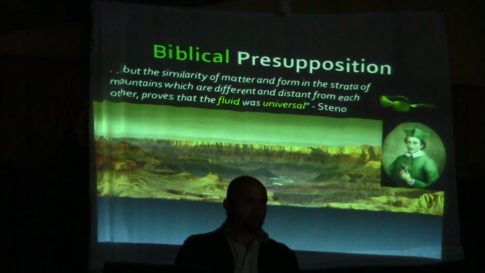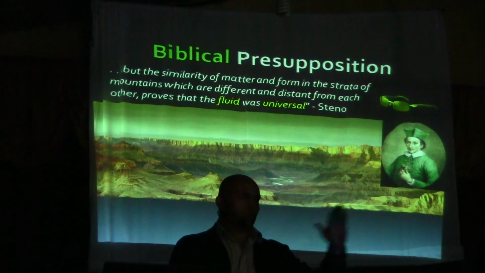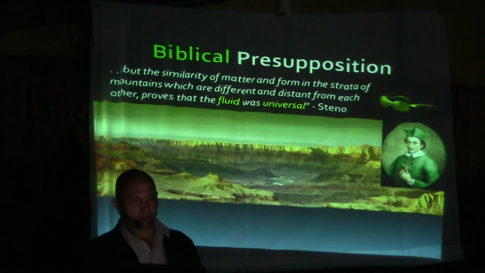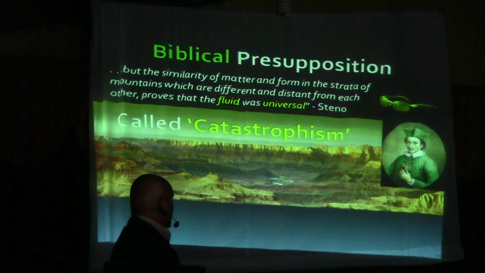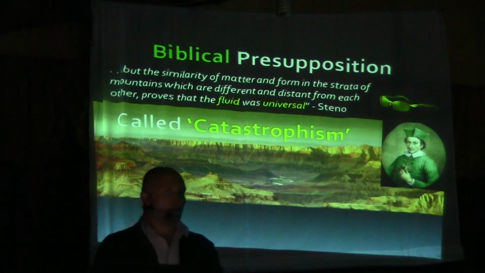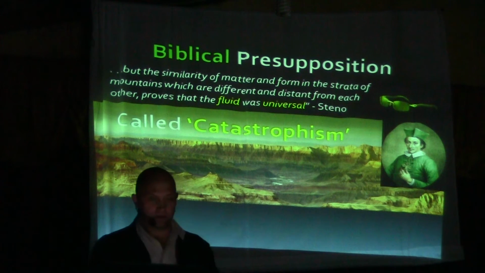Flood. Noah's flood, based on the Bible. So these guys back in the day believed the Bible to be true, and that was the worldview through which they interpreted geological evidence. So we can call it catastrophism, based on the biblical catastrophe of Noah.